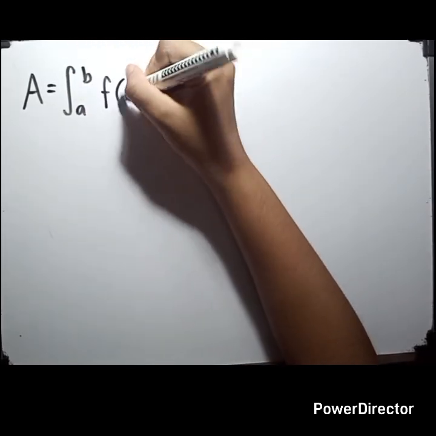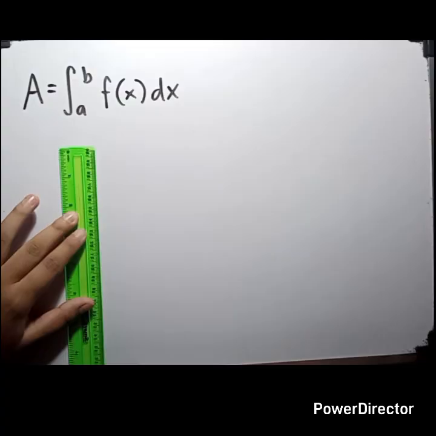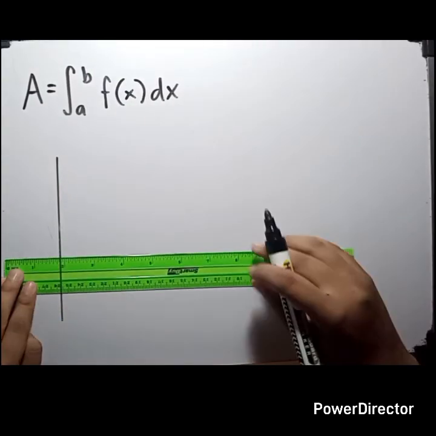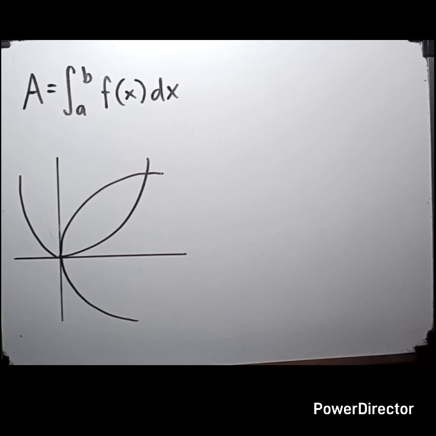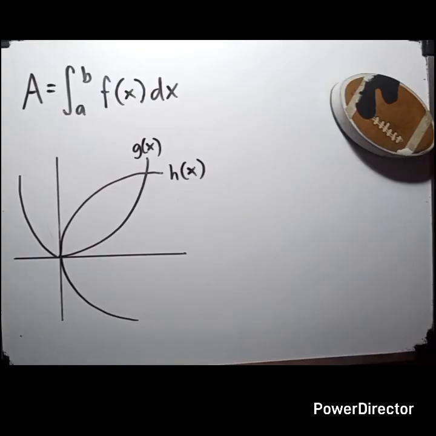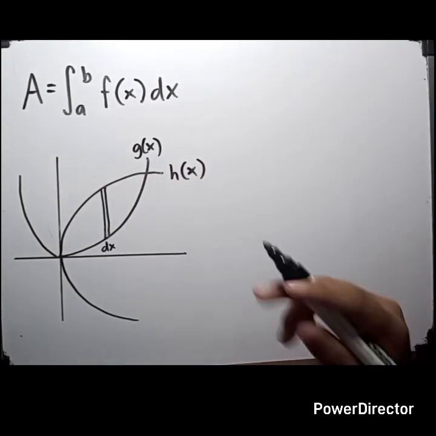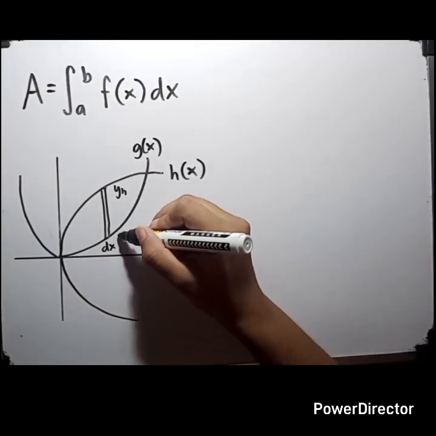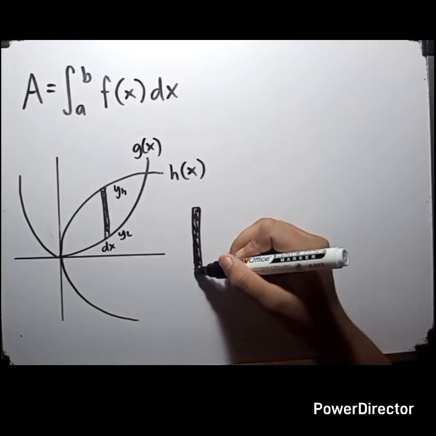Let's try to understand more clearly. To analyze, we will have to take vertical strips where we have a very small width of a strip used to approximate the area.